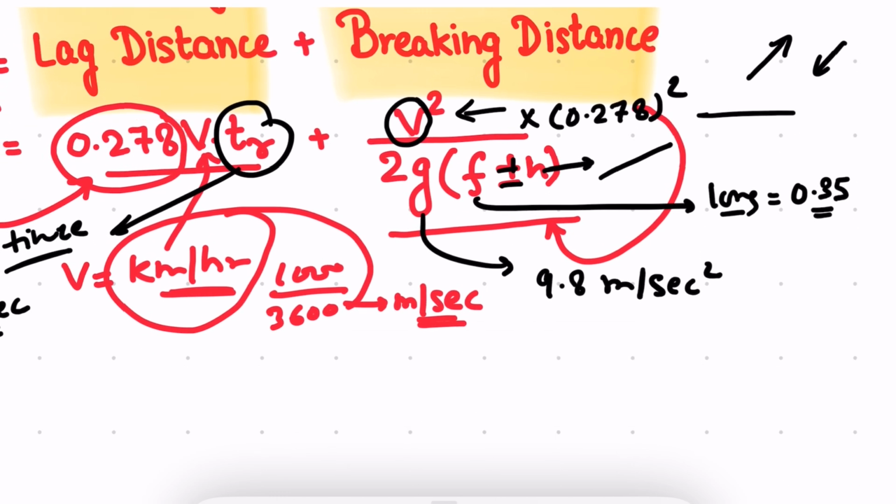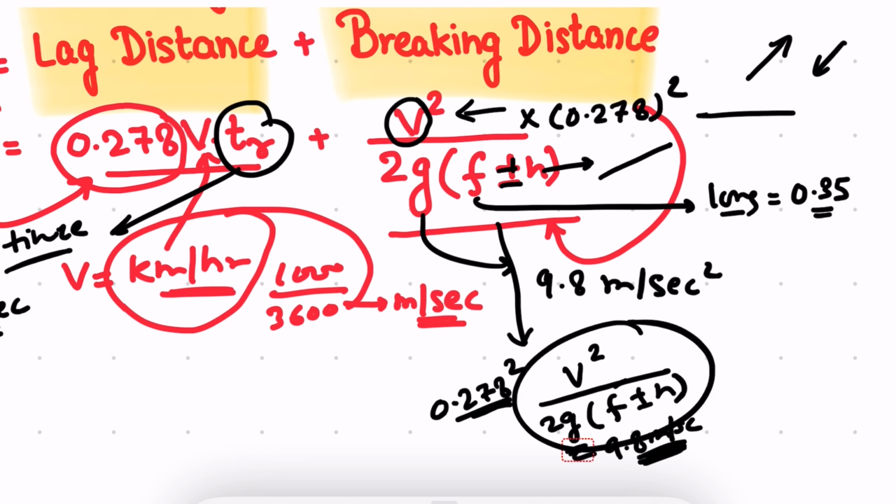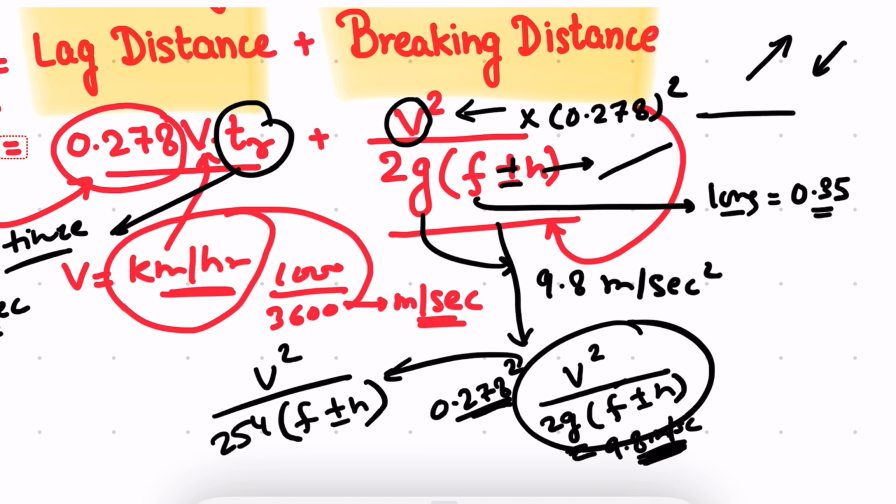One thing that I missed in the previous lecture was this expression V square by 2g (f plus minus n). Since we are converting kilometer per hour into meter per second, we are multiplying V by 0.278 whole square, and g, we know, is taken as 9.8 meter per second square. So if you are adopting these standard parameters, another way of representing this expression is V square by 254 (f plus minus n).